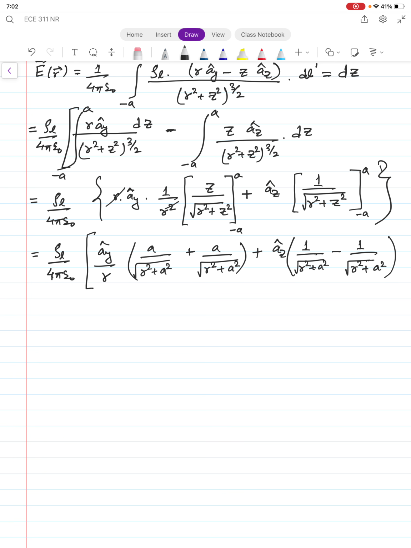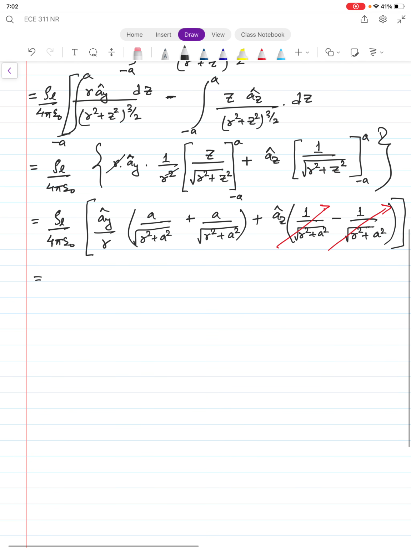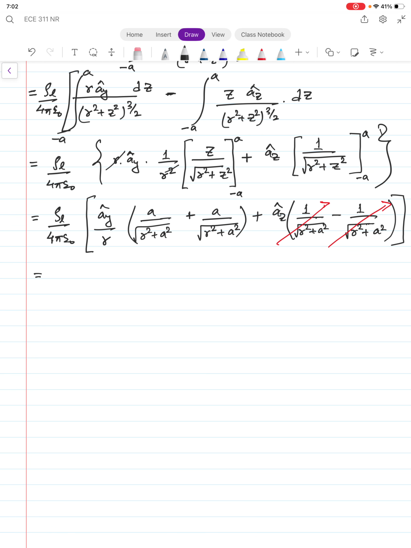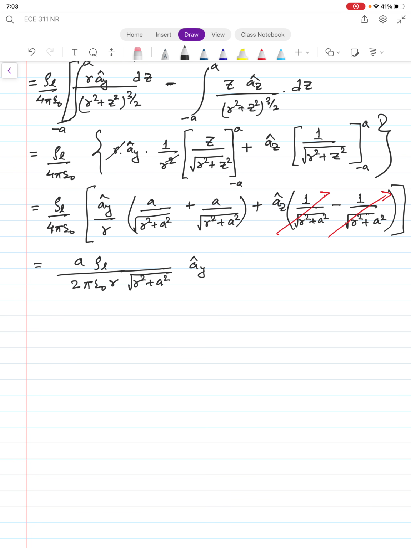So this term will cancel, and finally we get 2a from there, so cancelling that we get a times rho sub L divided by 2 pi epsilon 0 r, and also that square root of r square plus a square term, and don't forget the unit vector, which is a sub y. Alright, so that is our result.